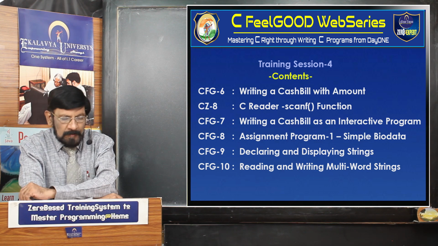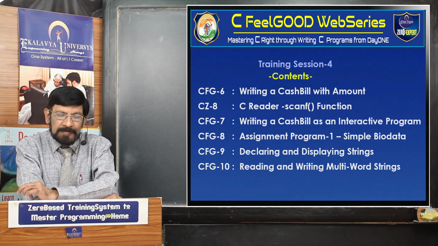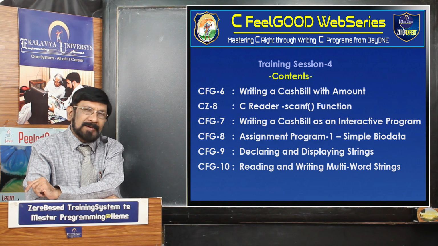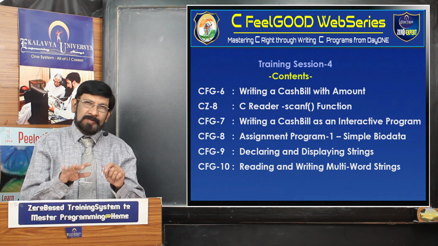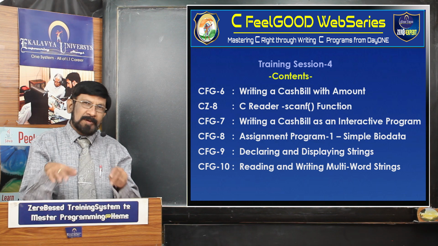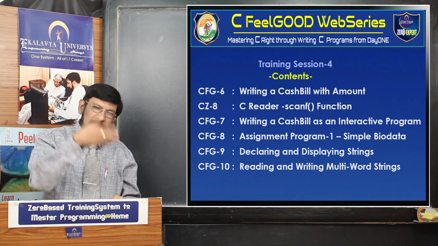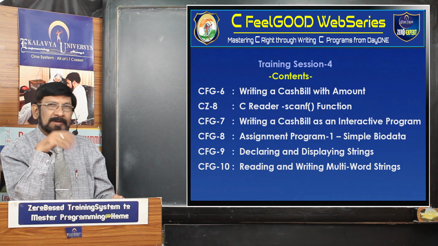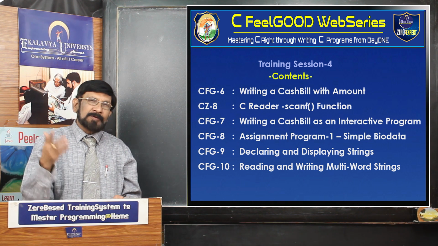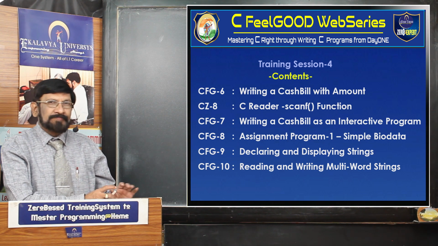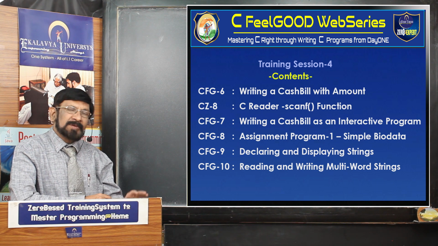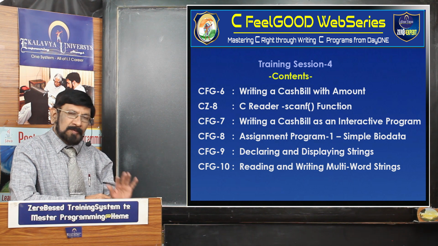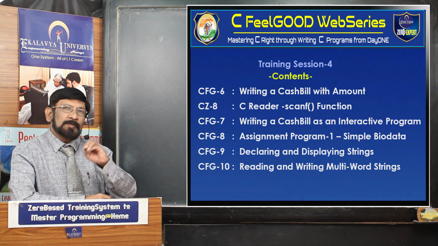Okay. Now CFG 7, writing the cash bill as an interactive program. Interactive program means like in the real world, you enter data from the keyboard, the program reads it and stores it in memory. Thereafter, the process is done and it is displayed. So, whatever program we are going to perform hereafter, everything is an interactive program. Interactive means we give inputs through the keyboard.